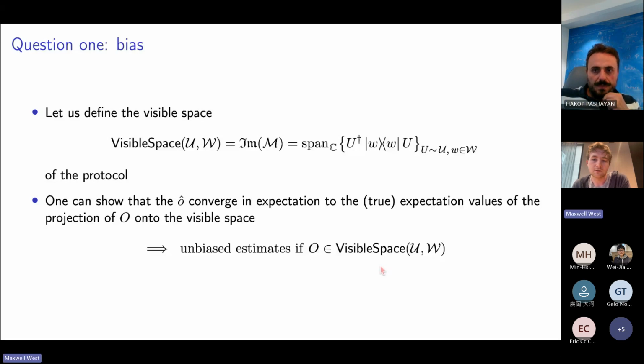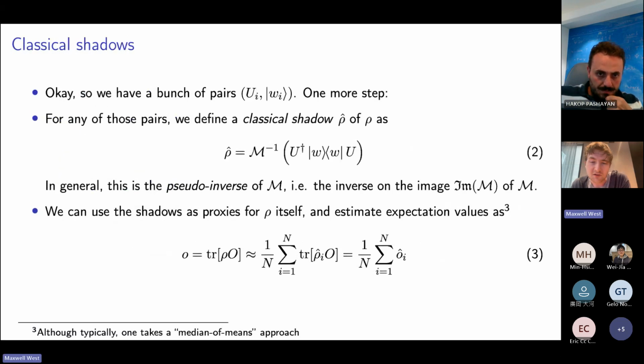Okay. So something that maybe makes things a little clearer. You can see the pointer, right? Good. So we get estimates that look like this. If you imagine this rho hat, you can put a little M inverse on this thing here.